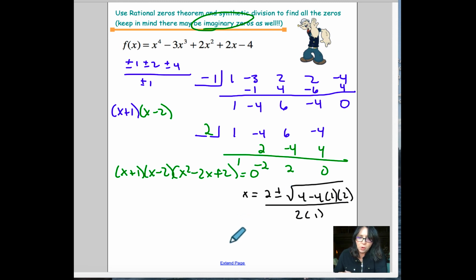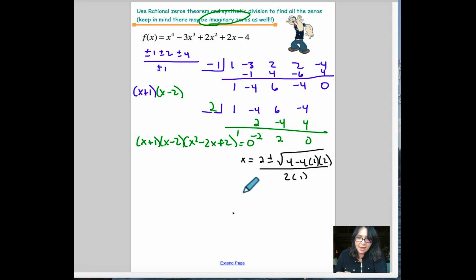The square root of negative 4 is plus or minus 2i, all over 2. Divide by 2 on both of these, and I get 1 plus or minus i.